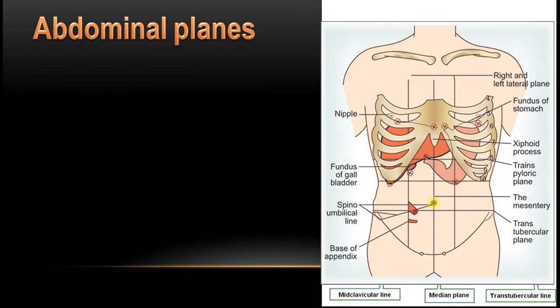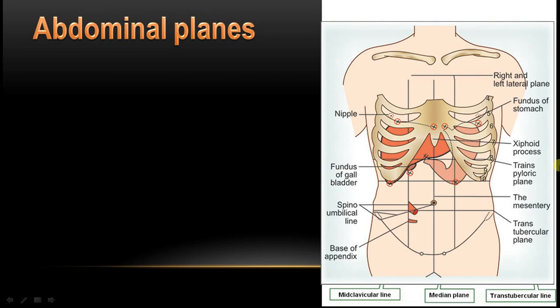Now a quick look at the abdominal planes. Planes are nothing but imaginary lines which are drawn for us to have a better understanding of the structures present inside the abdominal cavity.